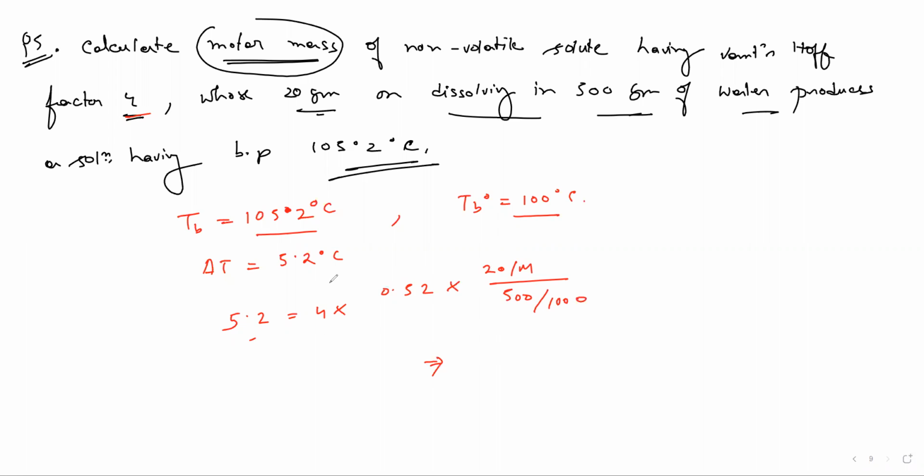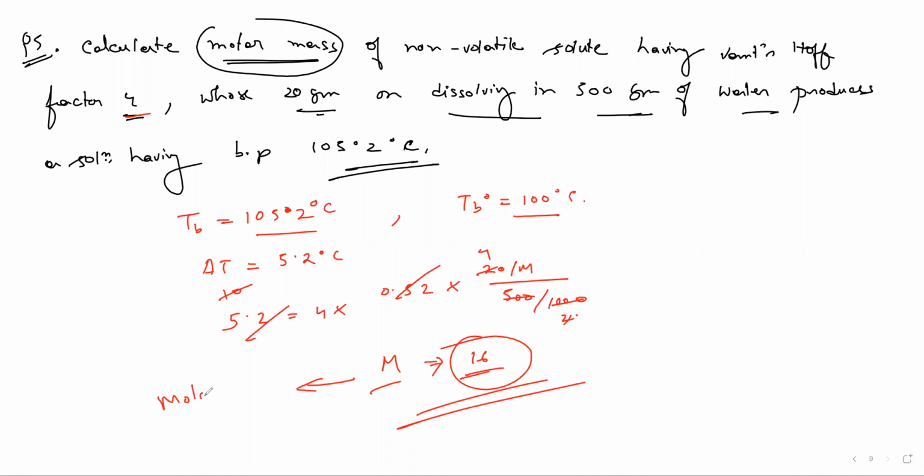From here you just find this value, cut down. So this one is 10, after taking this one is 2. Forty, so this value becomes 40 actually. So this cuts down, so it means 4. So molarity equals 16. M value, not molarity. M is basically molar mass. Molar mass is 16.